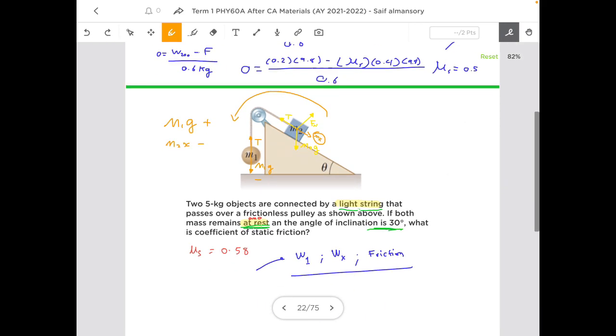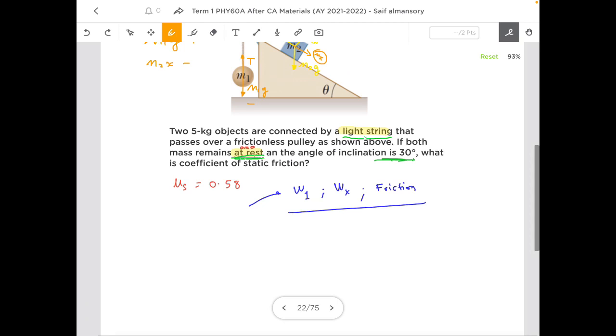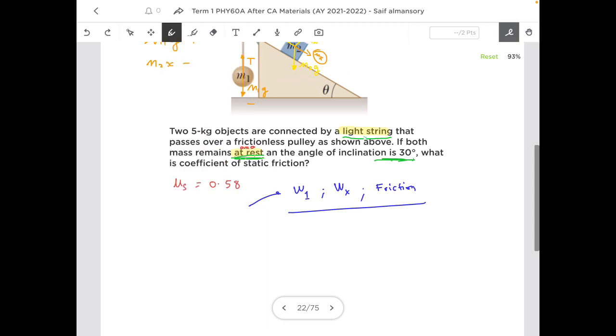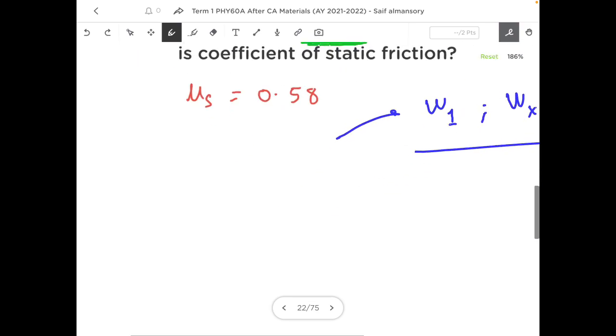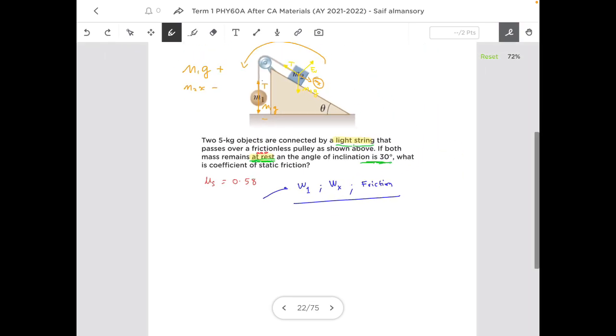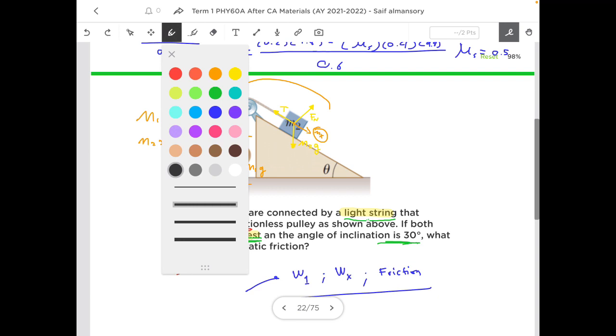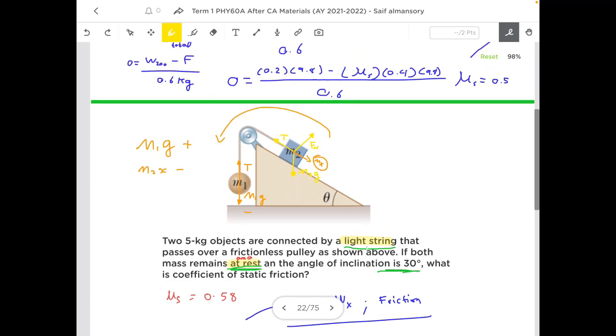After writing the free body diagram, let's write our equation. We will use the system approach in order to find the static friction. But before that, we haven't tried the kinetic friction.